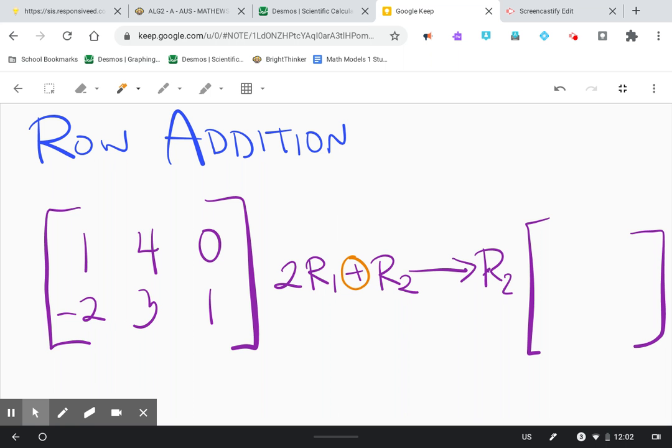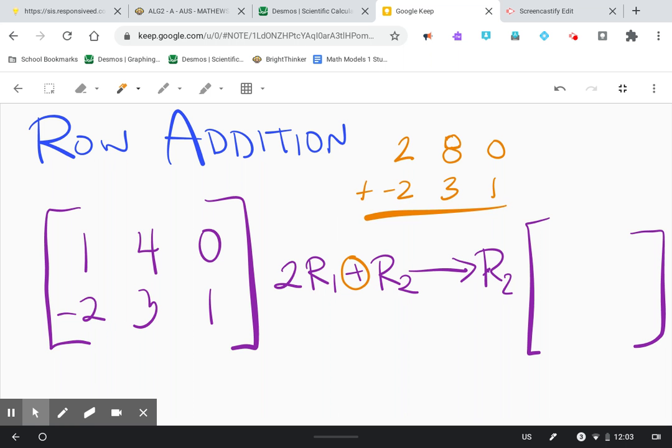2 times row 1, I'm going to write my work up here, is 2, 8, 0, because 2 times 1, 2 times 4, 2 times 0. And then I'm going to add row 2.